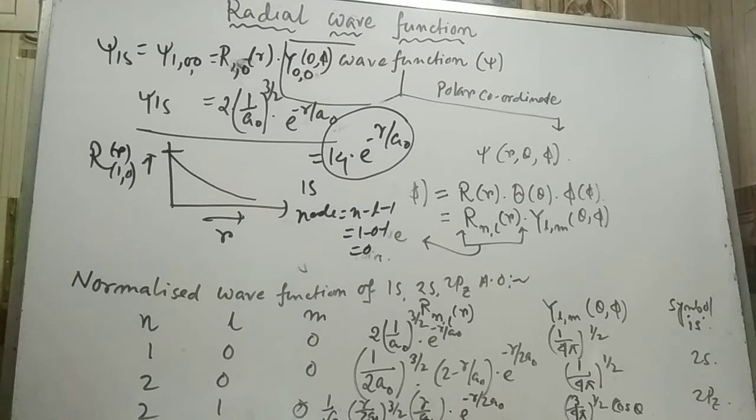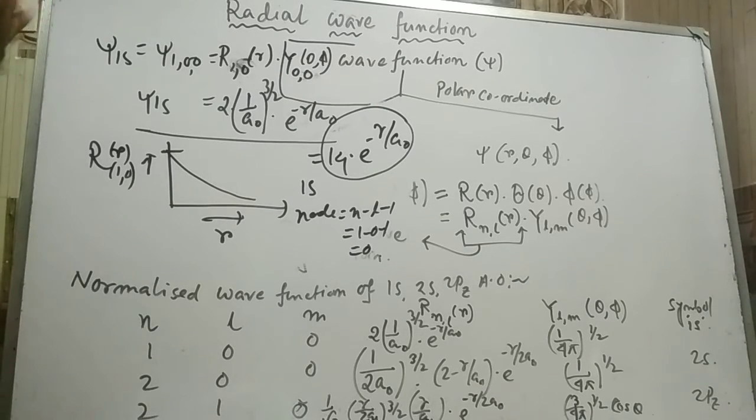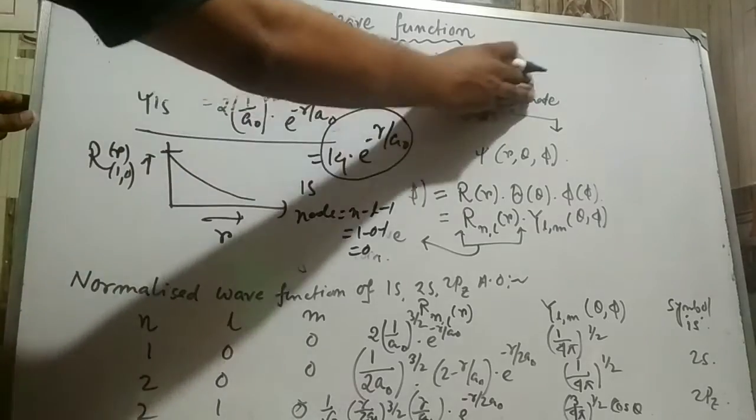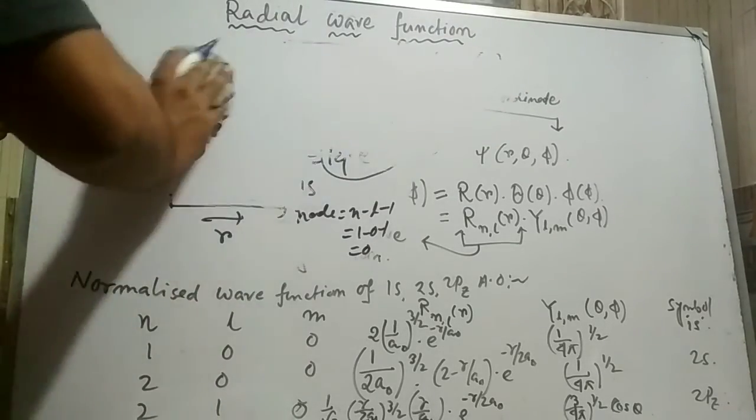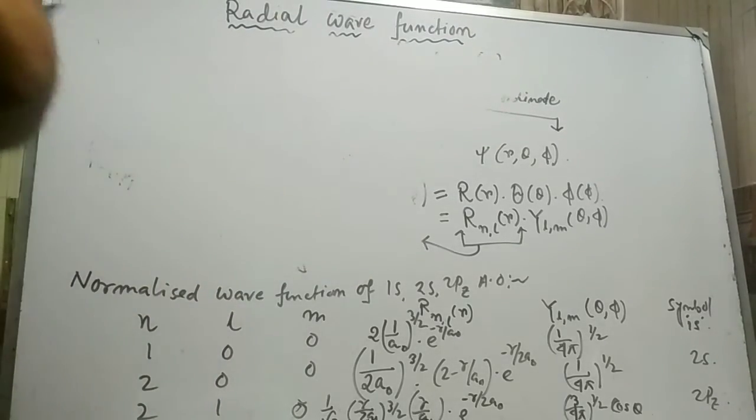Now we construct the radial wave function curves for 2s, 4s and also 3p atomic orbitals. First, the radial wave function curve for the 2s atomic orbital.